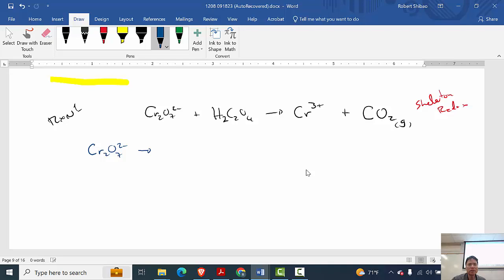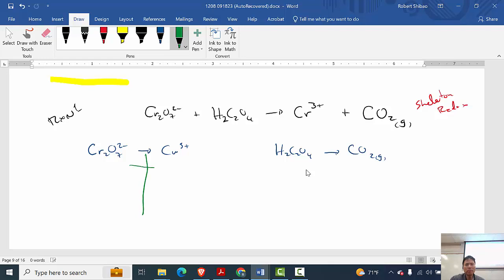The dichromate ends up in chromium 3+. And the second half reaction is the oxalic acid. The oxalic acid is going to end up as CO2 gas. So these are our 2 half reactions. And then we balance these.